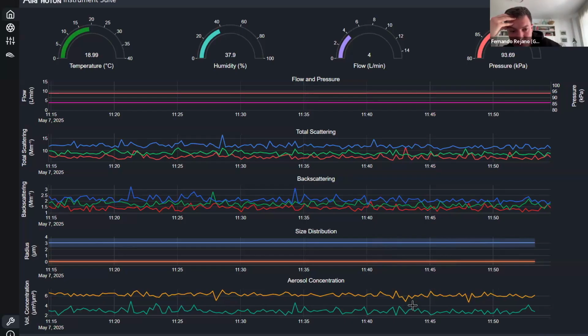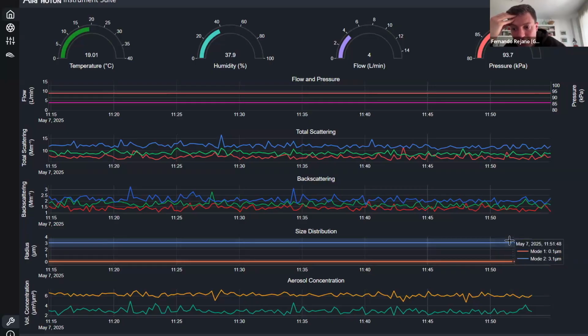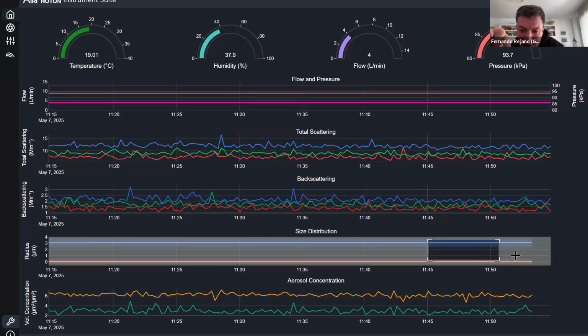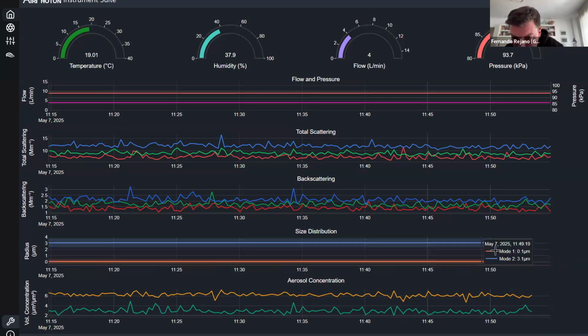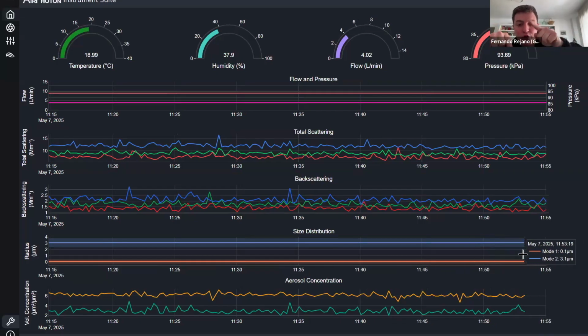You can see that, for example, we are assuming a bimodal size distribution for the aerosol. In the radius, mode 1 and mode 2 are associated with the fine mode and the coarse mode of the aerosol, and we also display this shaded area, which represents the standard deviation of the log normal distribution.